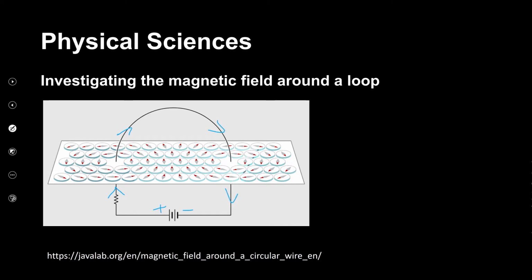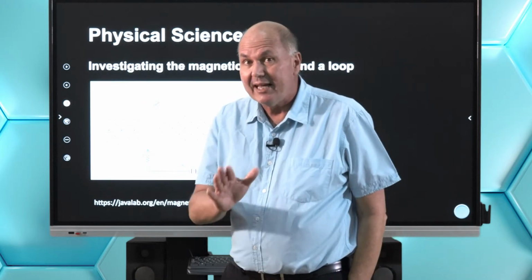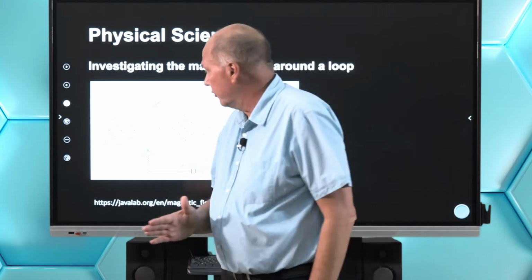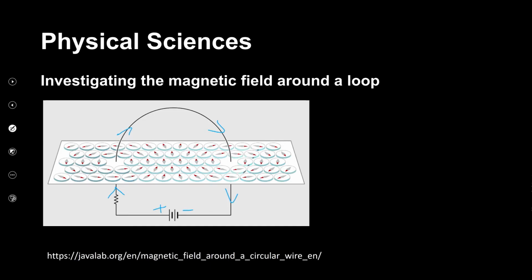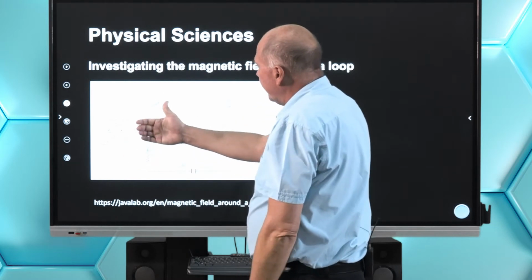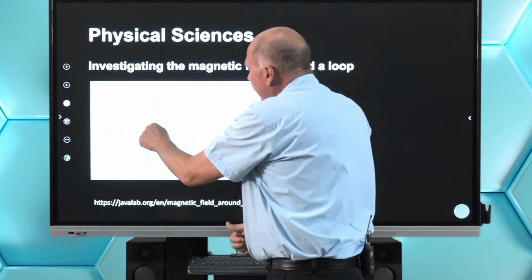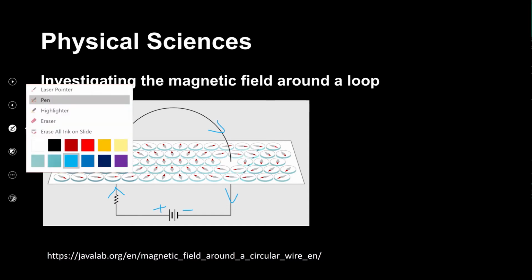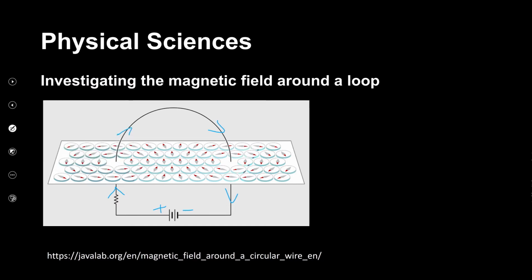Just to make absolutely sure before we go and look at the simulation, let's check out the right-hand rule to make sure that we've got it right and to see that these compass needles are pointing in the right direction. So if the direction of the current is up like that, then you turn the fingers, and as you can see, I hope you can see, these little compass needles are pointing in an anti-clockwise direction, just as we would predict.